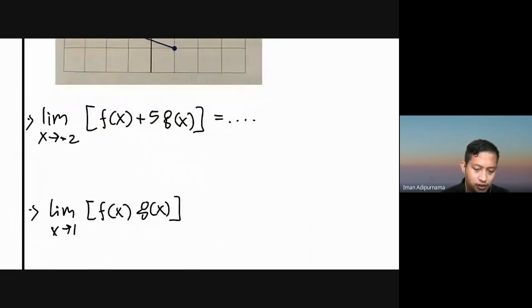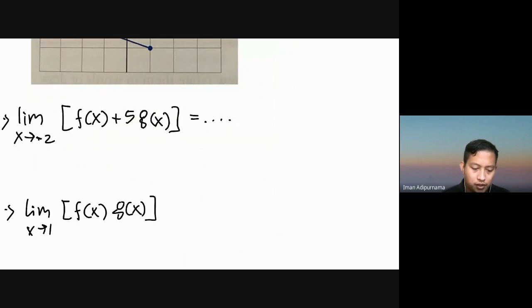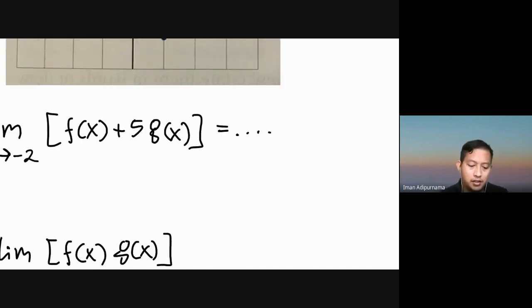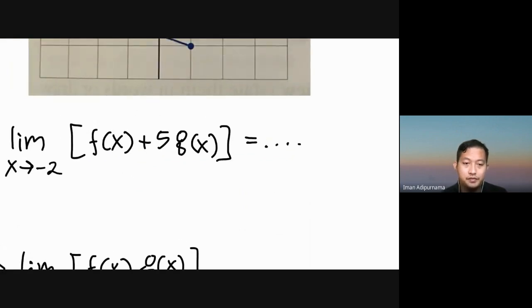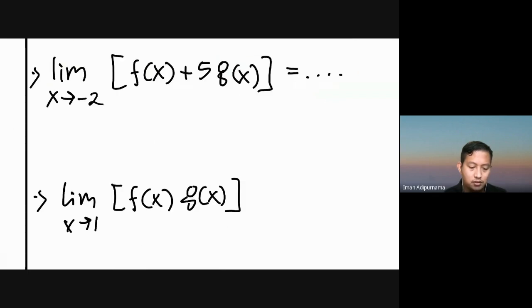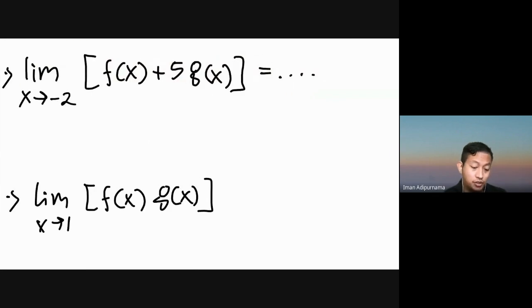The first question is the limit as x approaches -2. Let me write it clearly. It's -2, of f of x plus 5 g of x. The second one is the limit as x approaches 1 of f of x multiplied with g of x.